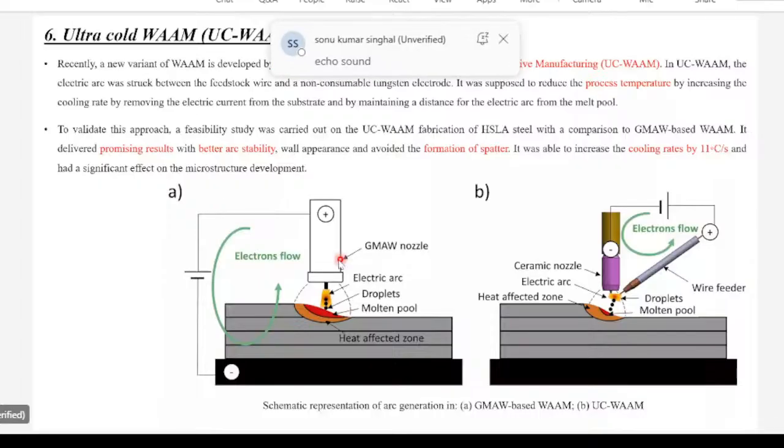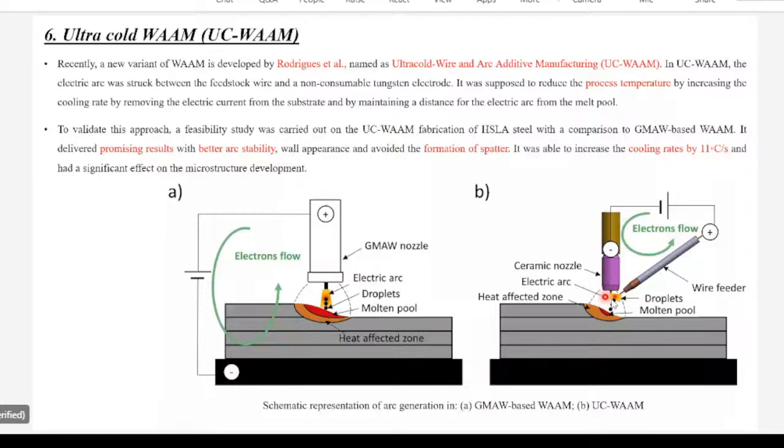What he has done is integrate a wire feeder, so it is bypassing the electron flow and reducing the heat affected zone. You can see the shape of the heat affected zone and molten pool; both have been reduced. The molten pool is very much reduced.